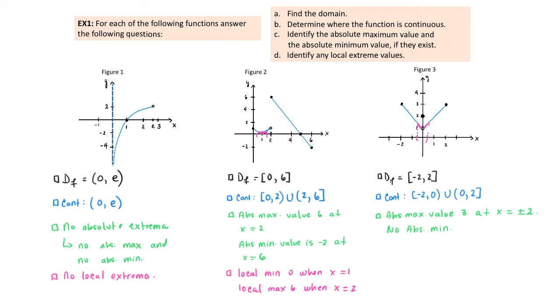So that means that we only have a local maximum, and the local maximum happens to be 2, and we're going to have no local minimum. So writing that down, we have a local maximum. The local maximum is 2, and that happens precisely when x is equal to 0. And there is no local minimum at all.